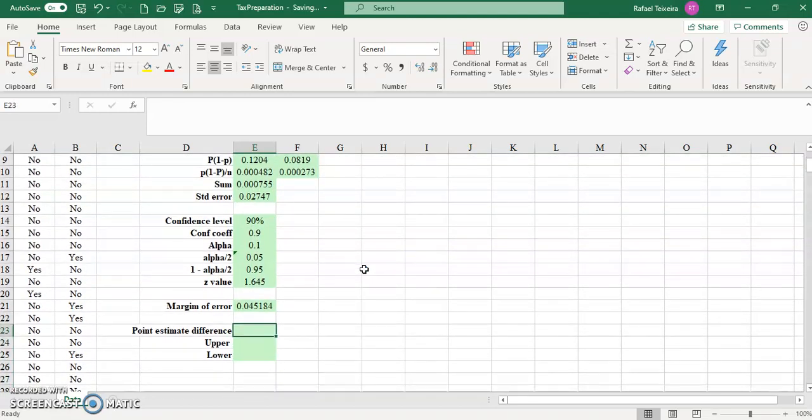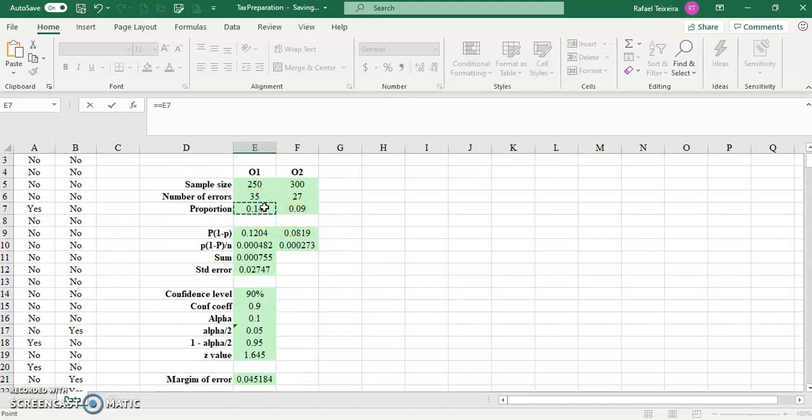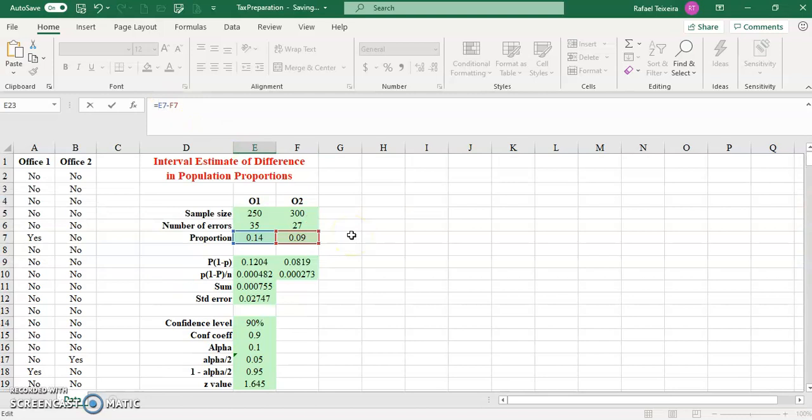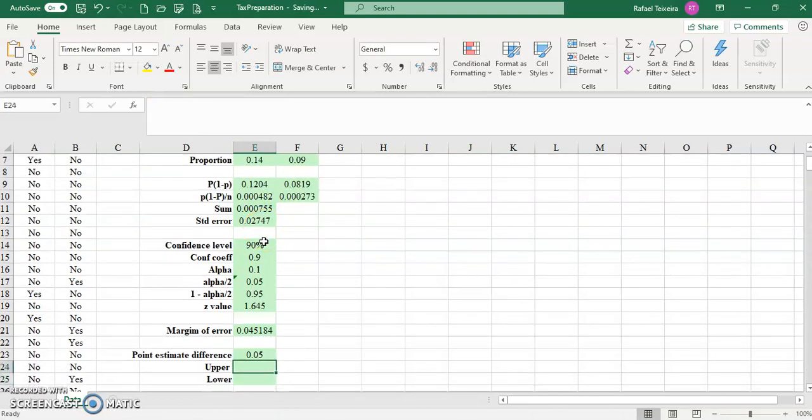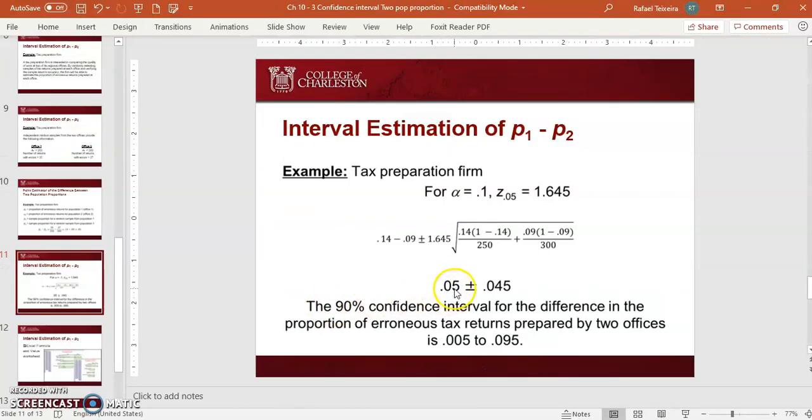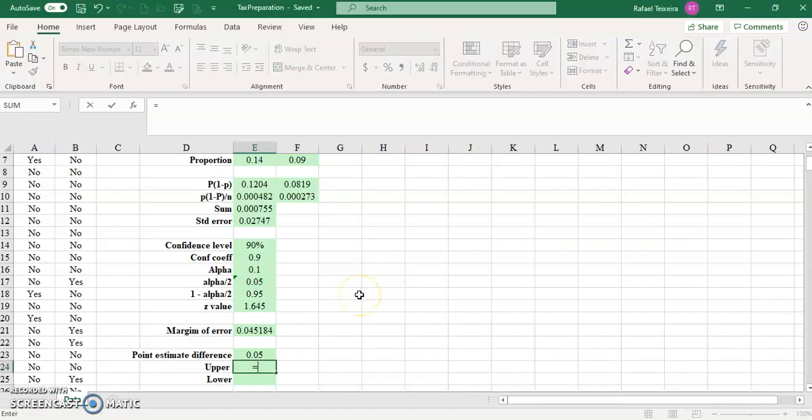Now I have the point estimate for the difference. What is the point estimate for the difference? It is 0.114 minus 0.09. That's the estimate for the difference. The difference between the two is our estimate based on the sample. Now, how much is the upper limit?